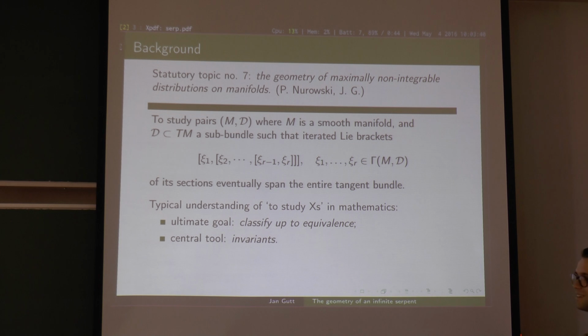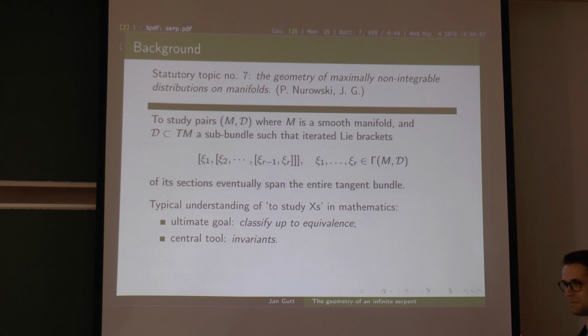I understand, but if r is equal to 1... Yes. No, we take all iterated Lie brackets for all possible positive integer values of r. We take all sections which can be written in this form for all possible values of r.